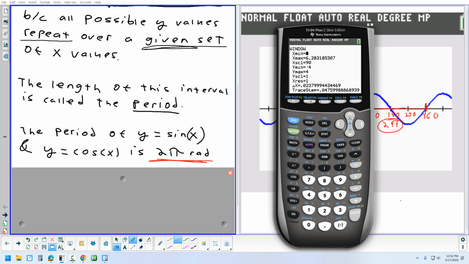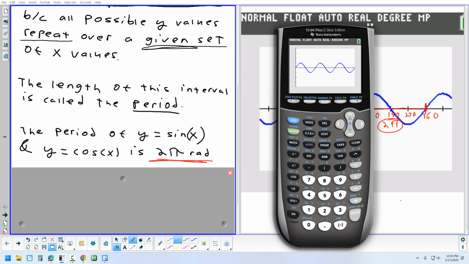If I set my window to go to 4 pi, how many cycles will I see now? I'll see 2. There's 1 and there's 2. So every time you add another multiple of pi, it's like you're zooming out. And if I go 0 to 6 pi, that would be 3 cycles.